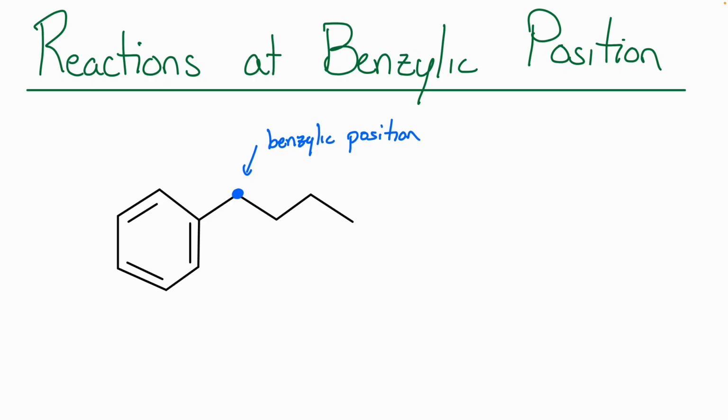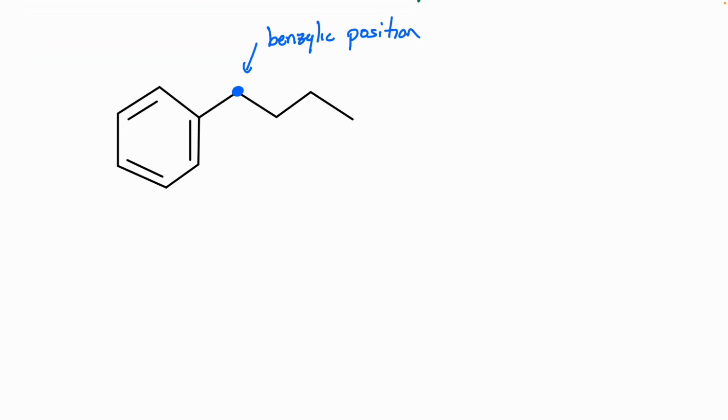All right, this is our benzylic position here. Not on the ring, not any further away, but just one removed from that benzene ring. All right, so there's two reactions that we're going to talk about that take place at that benzylic position.